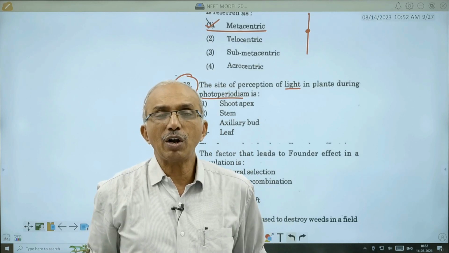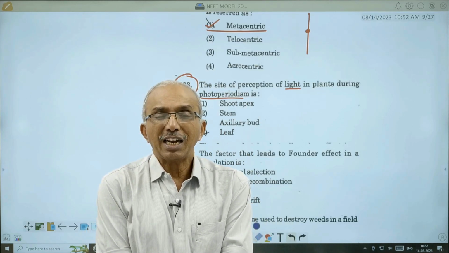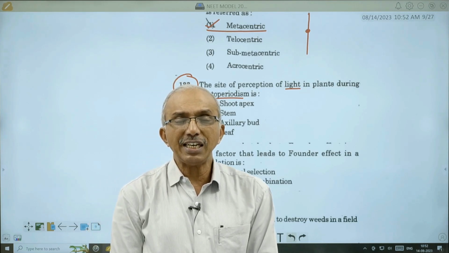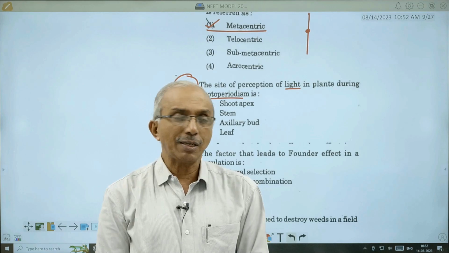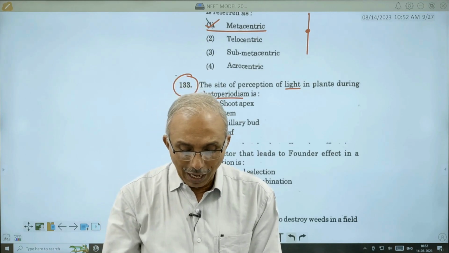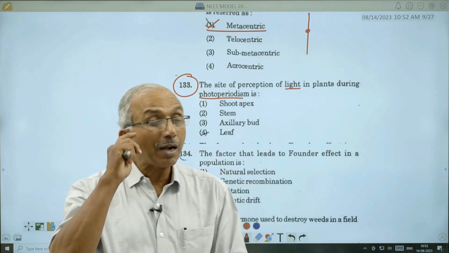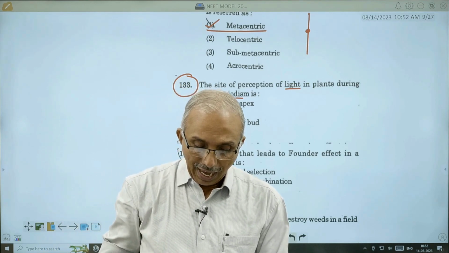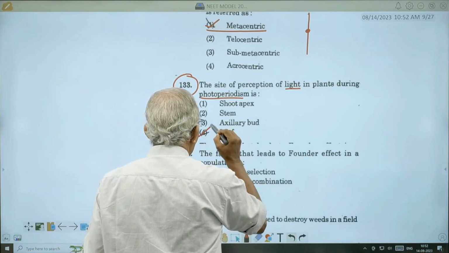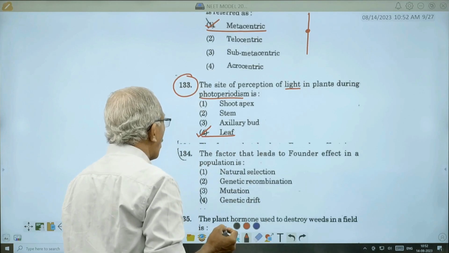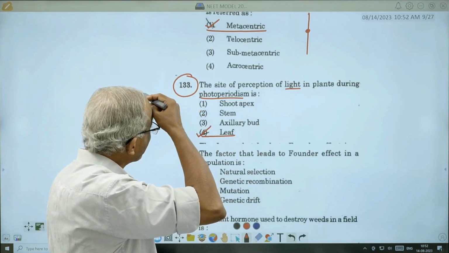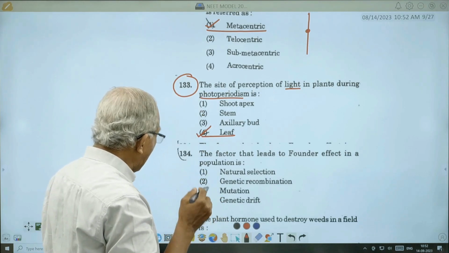This light, the external stimulus, is accepted by which organ? That is the leaf. The organ for perception of the photoperiodic stimulus is the leaf.